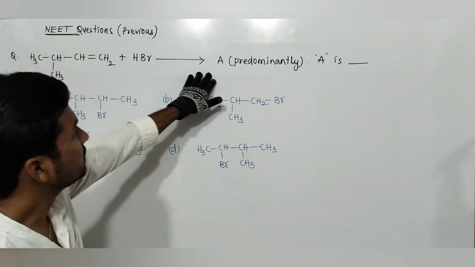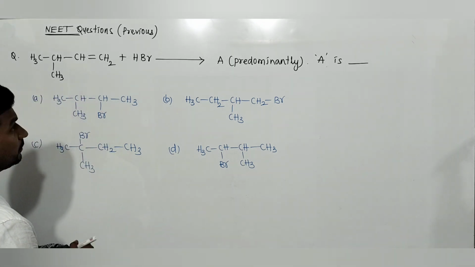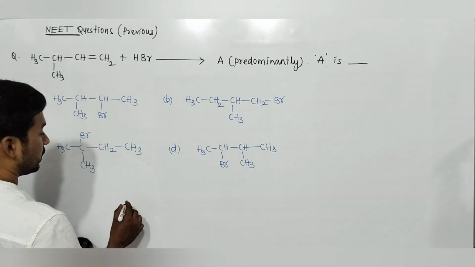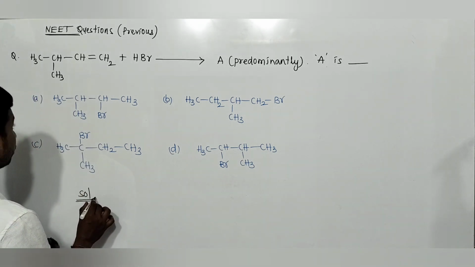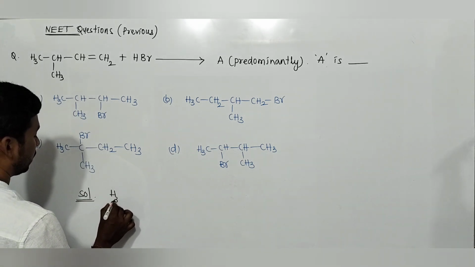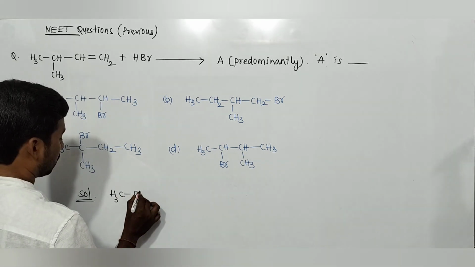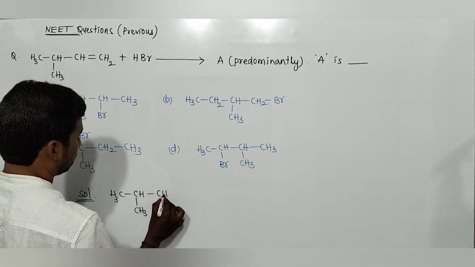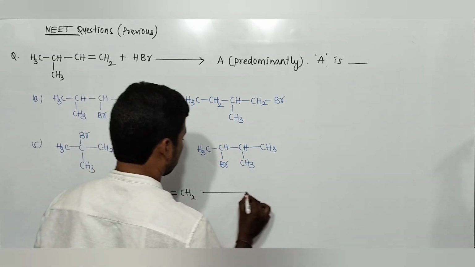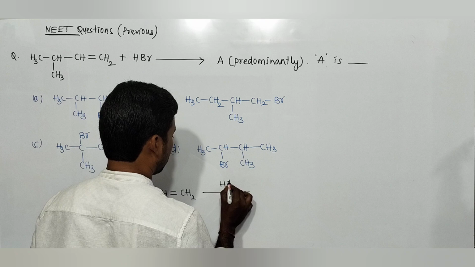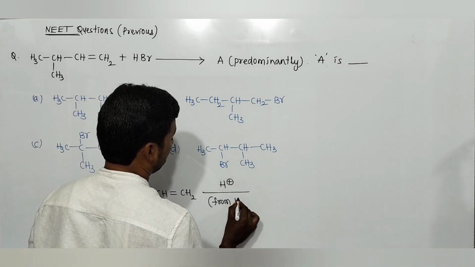So what is A predominantly? Electrophilic addition reaction. Okay, in an electrophilic addition reaction, here CH3 and CH3, CH double bond CH2. The electrophilic addition reaction begins, initiated by the H plus electrophile, H plus from HBr.